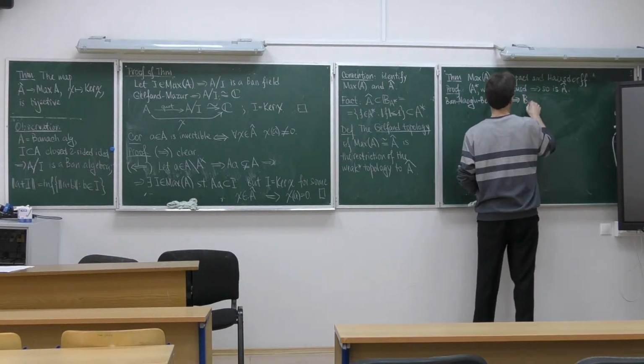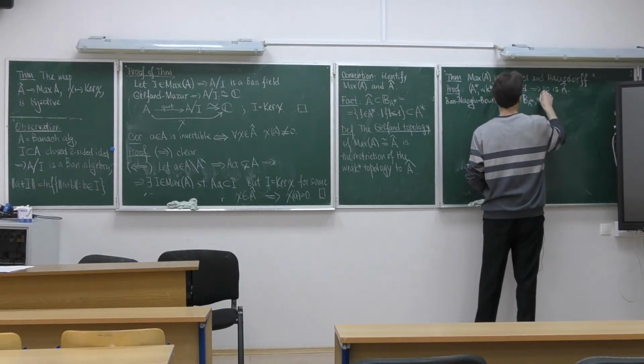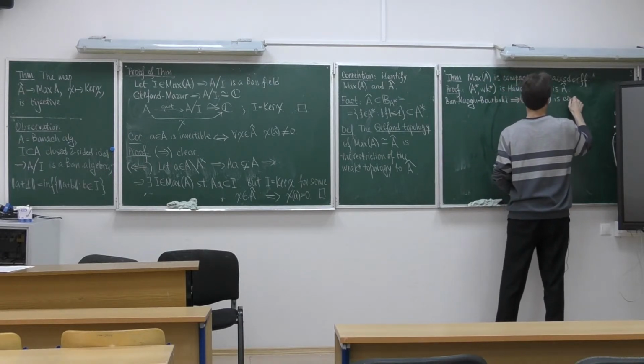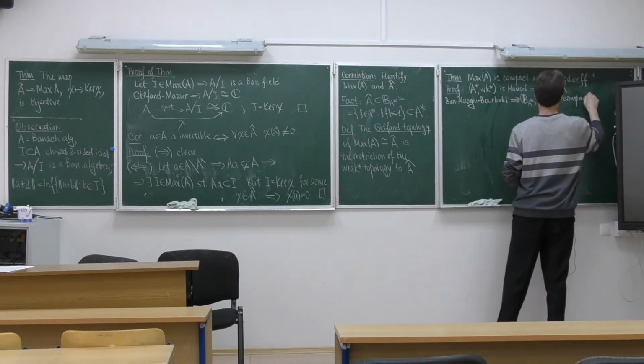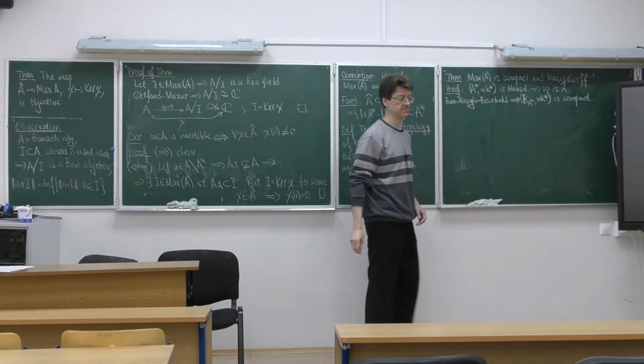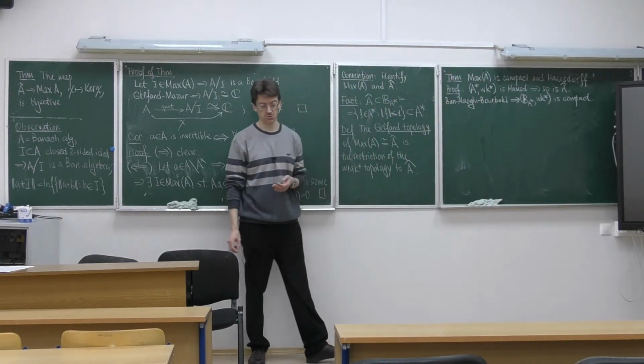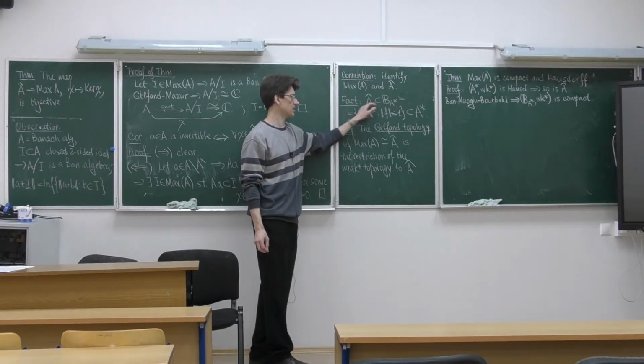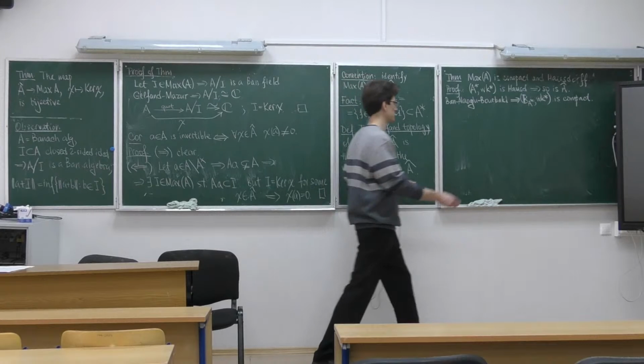The unit ball of A star is compact for the weak star topology. And A hat is contained in this ball. So to complete the proof, we have to show that A hat is closed in the unit ball.